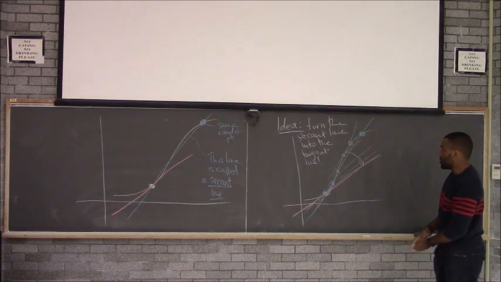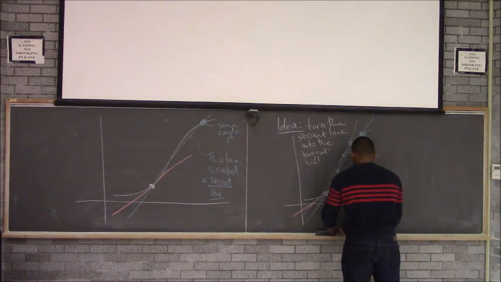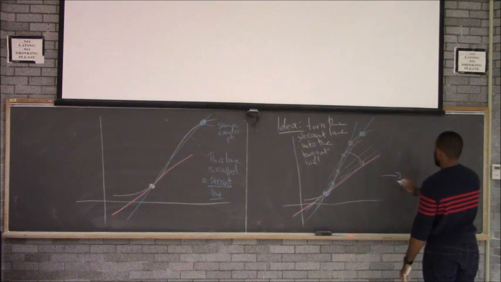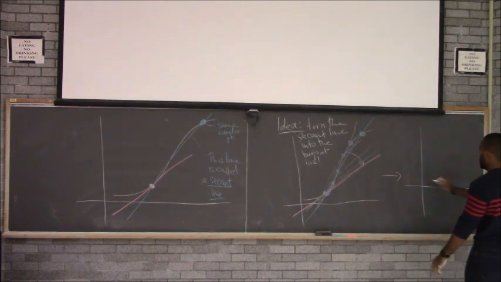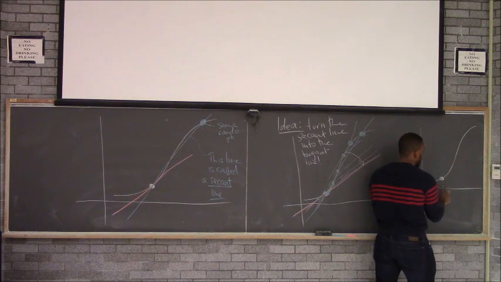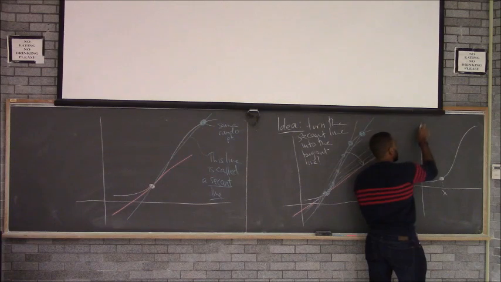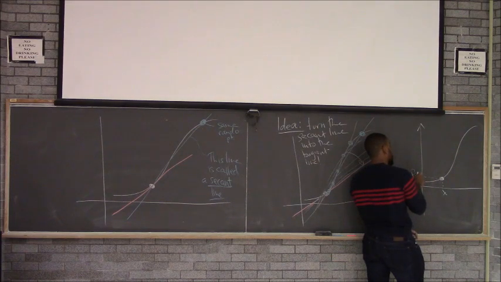Now, how are we going to start doing this? Let's start to get some math in here. Here's our curve. Here's the point we care about. Suppose it is the point x. Let our curve be f of x. So this is going to be the point f of x.